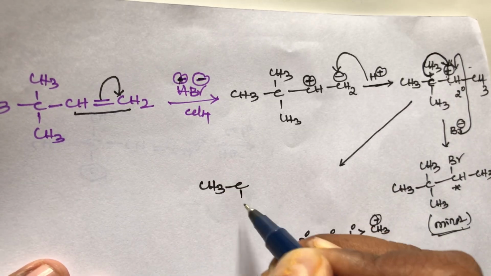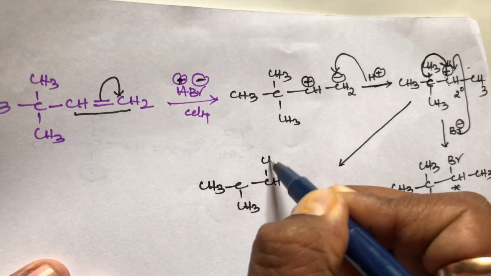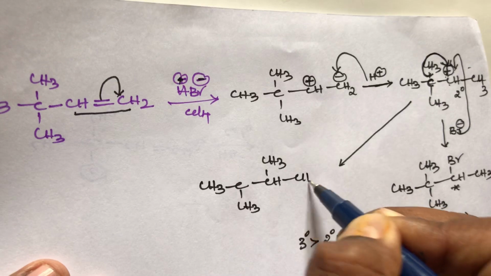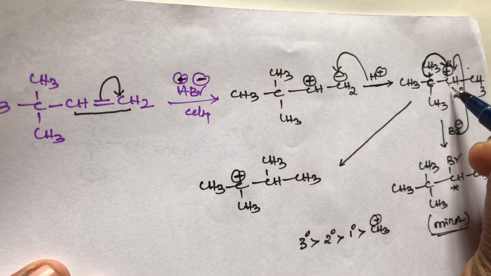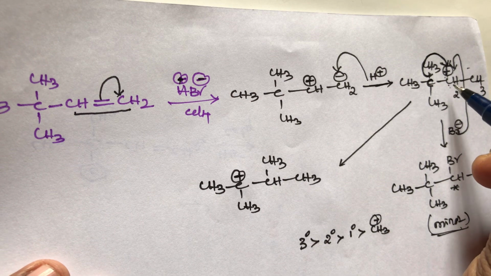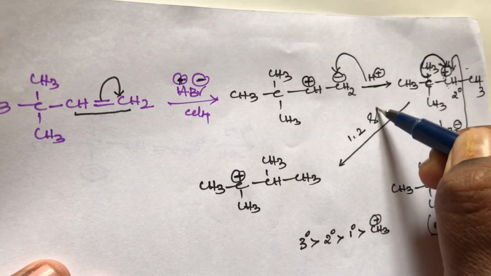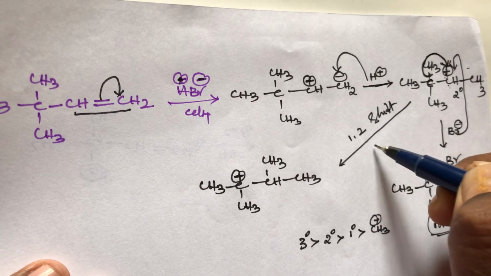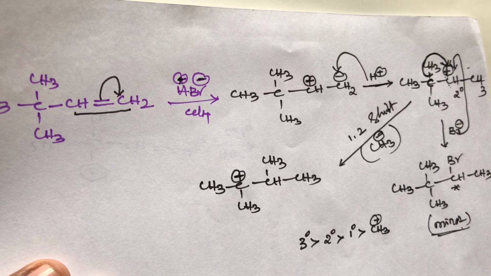CH3, CH3, this CH, this CH3, this CH3. This is the tertiary carbocation. Once again, here this secondary carbocation is there. Now in this step, that is 1,2 shifting, methyl shifting.